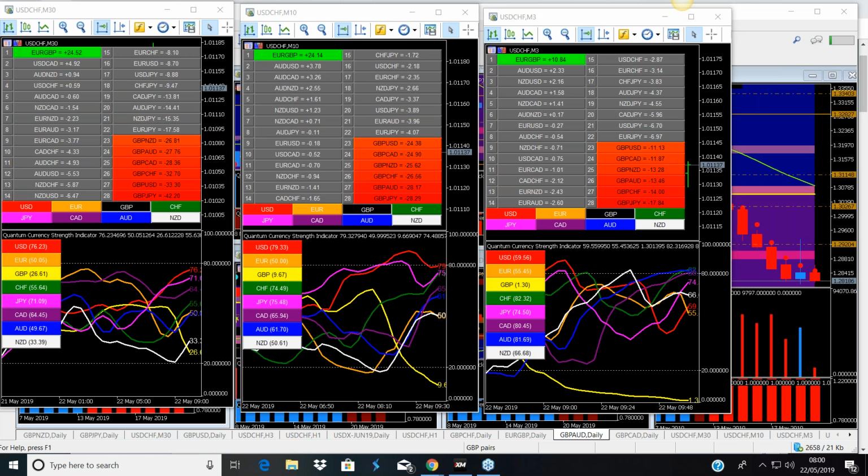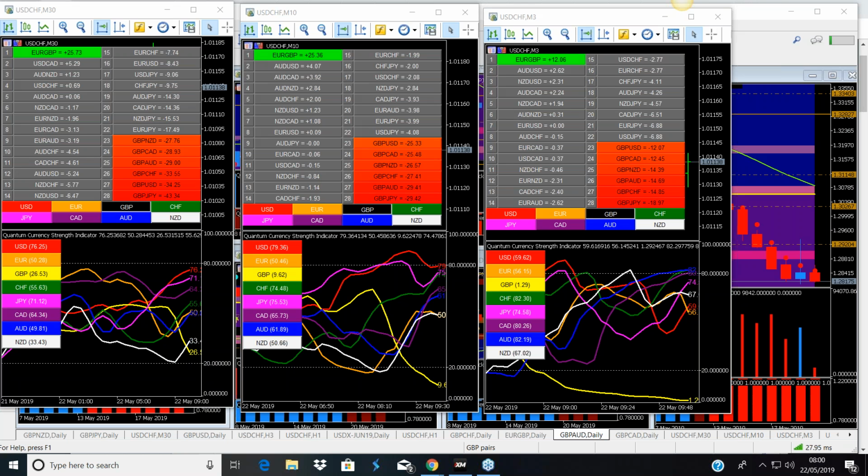But what we're also thinking of now is to come up with some sort of way of printing the levels that these achieve, because as you can see across the three time frames, the numbers per se are different. I'm just looking at the bottom in terms of pound yen. You've got 42 on 30, 43, 29 on 10, and 18 or 19 on the 3 minute.